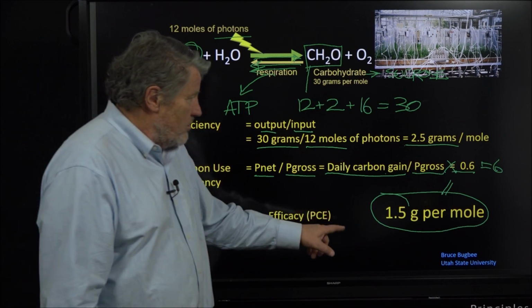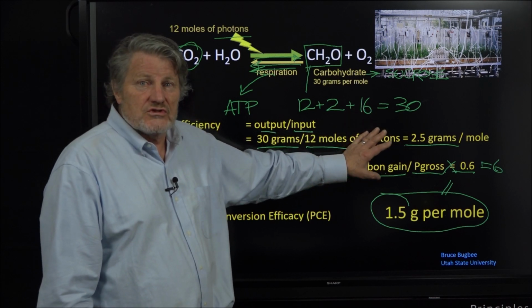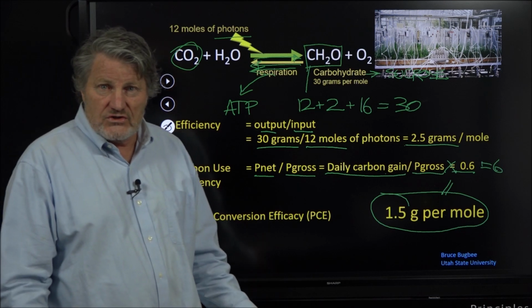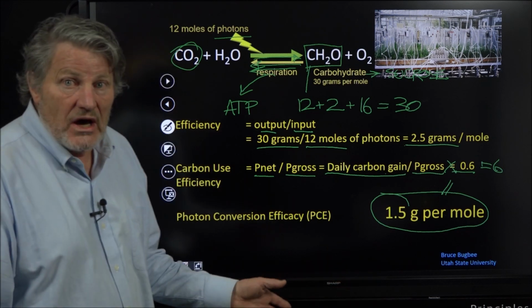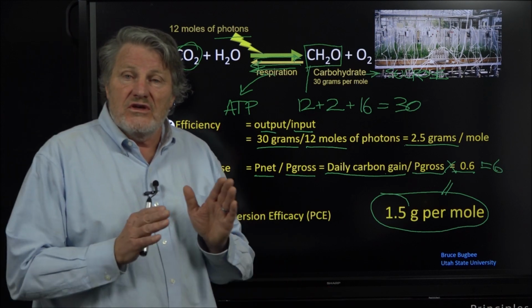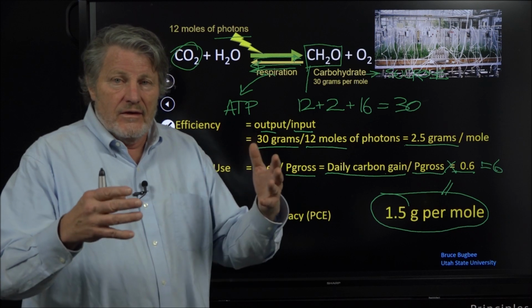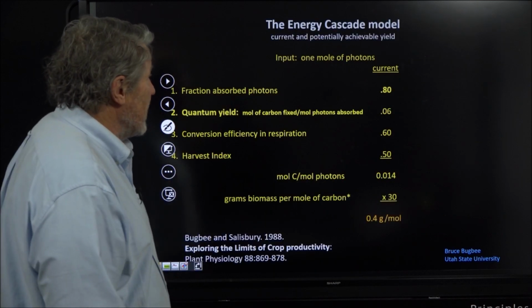To go from this perfect system where we just have photosynthesis and respiration to a real system, we need a little more sophisticated model, and that sophisticated model is called the Energy Cascade Model that I've worked on with other people for many years, and we have several papers about it.